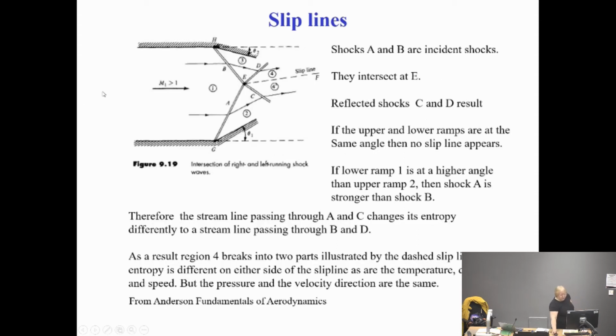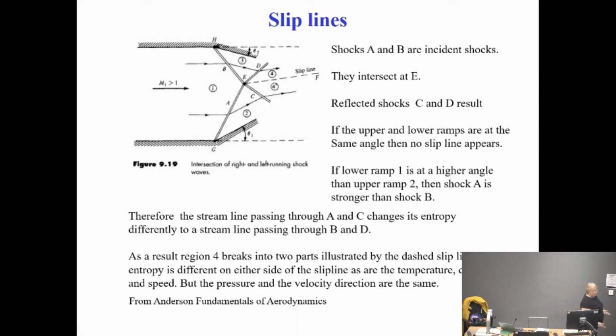Okay, so they're incident shocks, they intersect at E, and reflected shocks C and D are the result. If the upper and lower ramps were the same angle, no slip line appears. Because ramp 1 is at a higher angle, shock A is stronger than shock B. Therefore, the streamline passing through A and C changes its entropy differently.